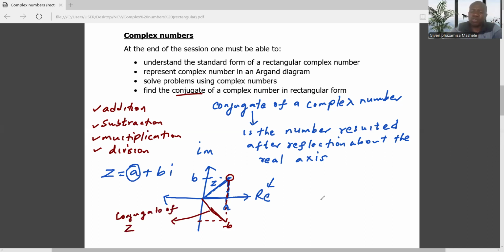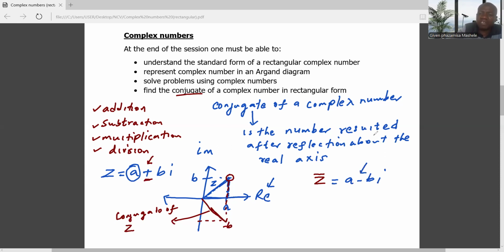The conjugate is actually represented by a z with this line here. This is called a conjugate of this complex number. So if we have the z, which is a plus bi, and we want its conjugate, we just change this sign here. So the conjugate will now be equals to a minus bi.